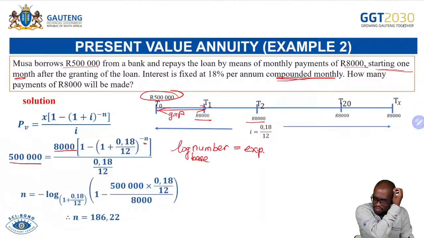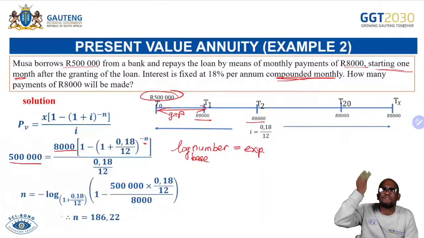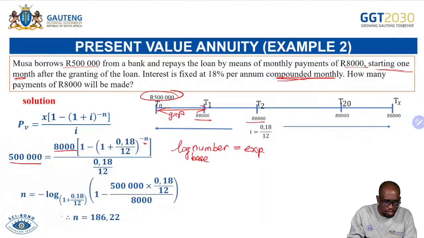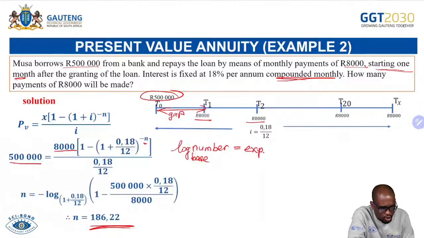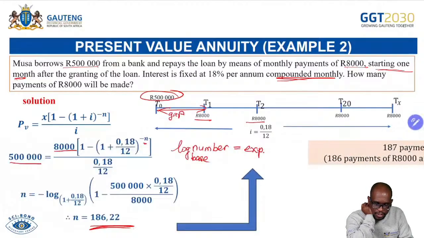186.22. Remember, we said n represents the number of payments, and we cannot have a fraction of payments. So let us explain what it means when you get 186.22.